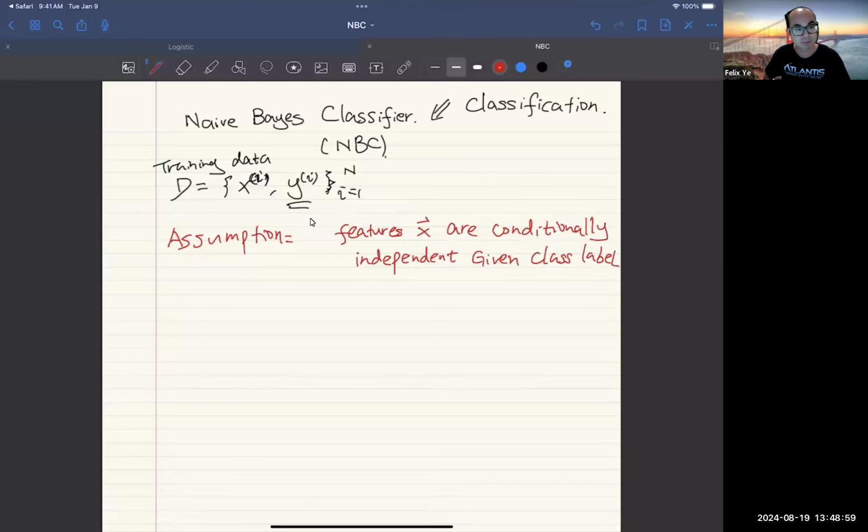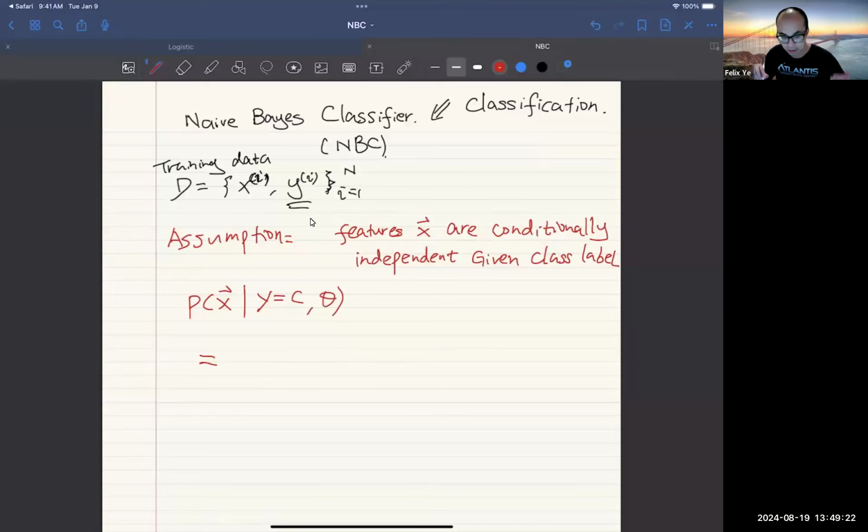So that means if you have the probability of x conditional on y equal to a certain label c, with certain parameter theta, then this is equal to, it's conditionally independent.